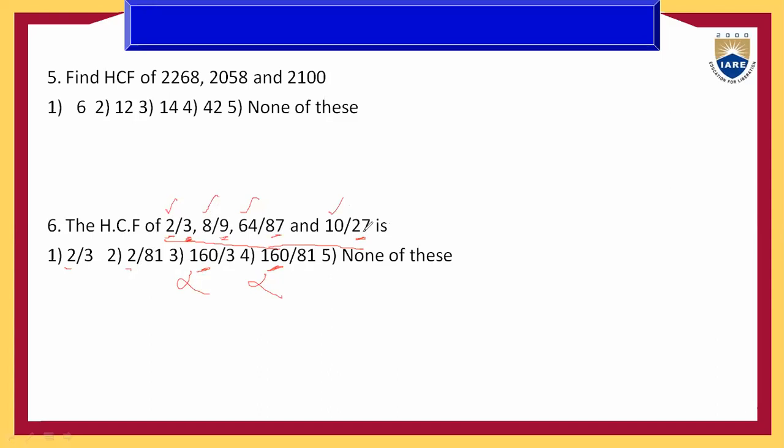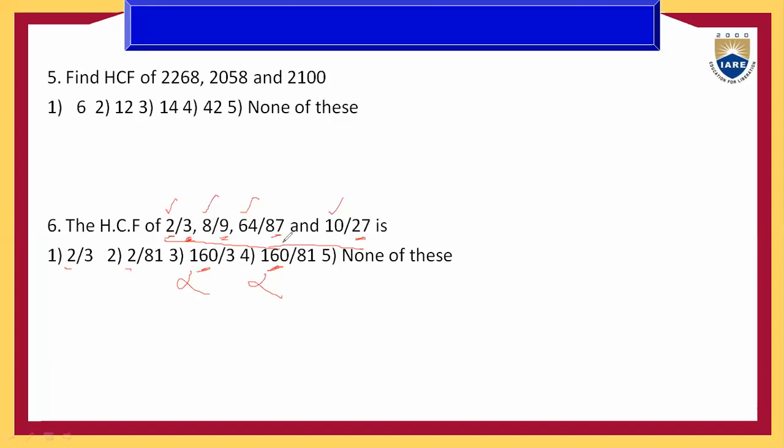Now here we see that for these 3, 9, 87, 27, we find the LCM value. Here the highest value is 87.